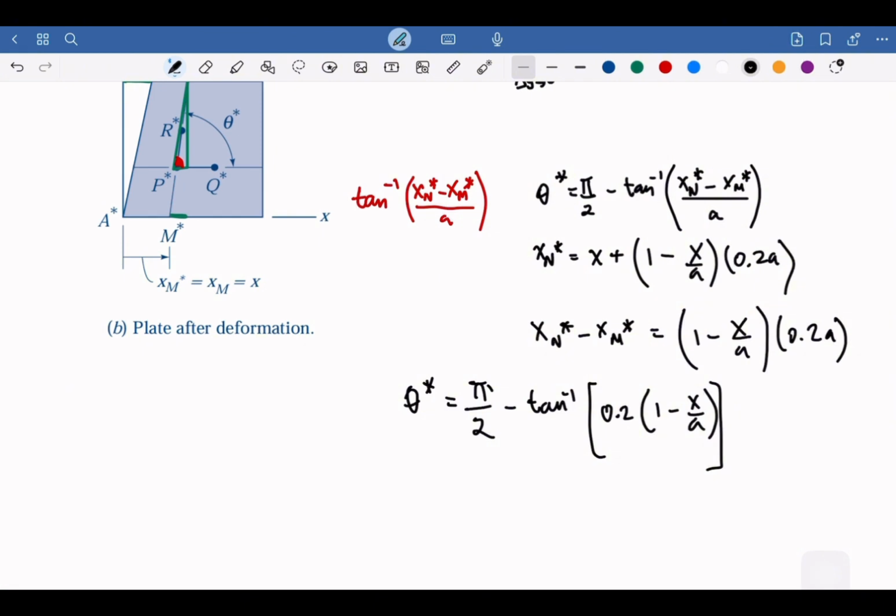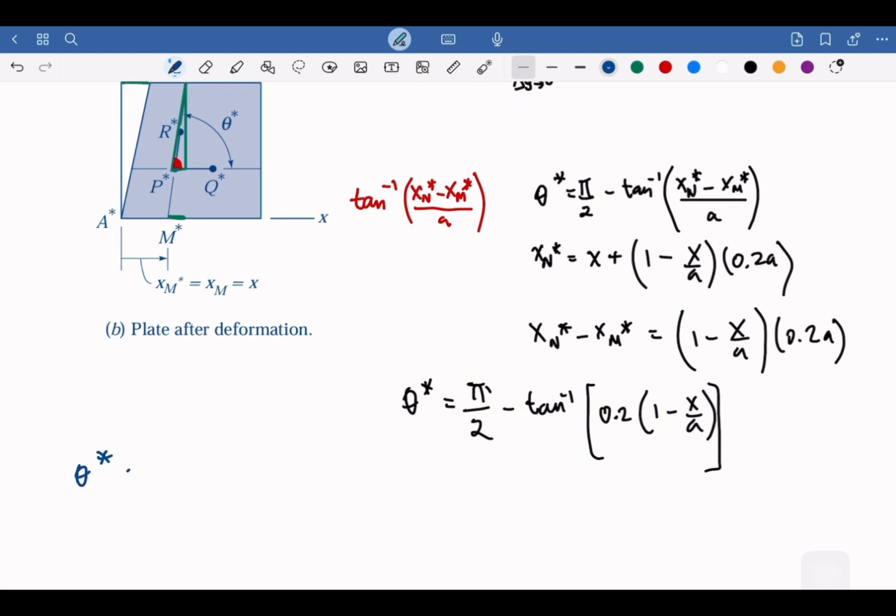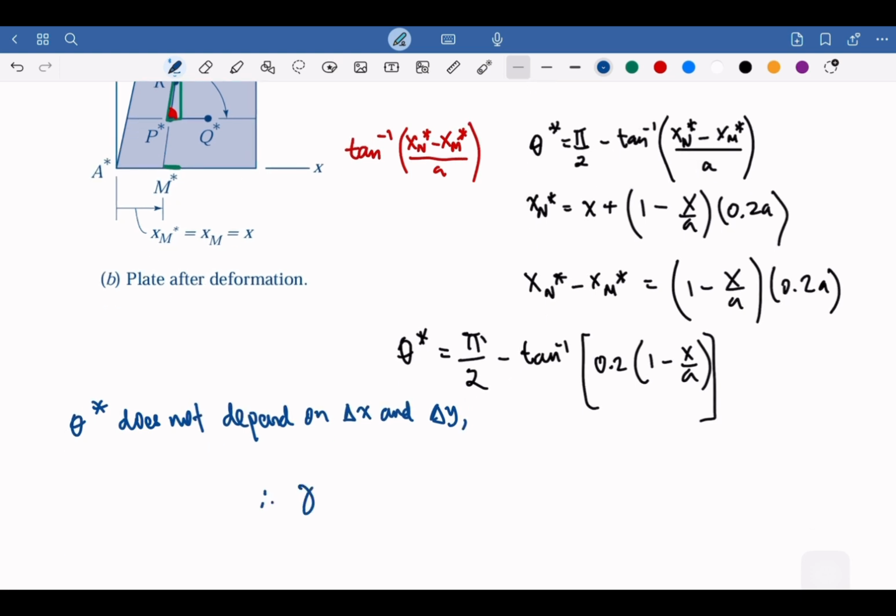The lines along x and y are going to remain straight, so theta in this example doesn't depend on delta x and delta y. So this will be just the tangent inverse of 0.2.